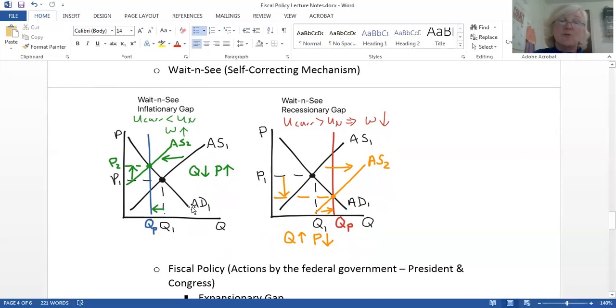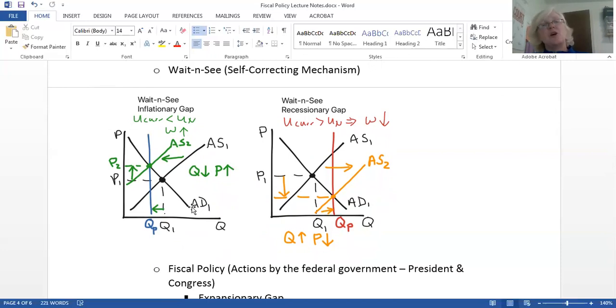We need to go to the left. We've overproduced. We need to cut back a little bit, right? In this case, if we wait it out, what's going to happen is that too little unemployment, right? That negative cyclical unemployment is going to be super duper important. It's going to put pressure on wages.